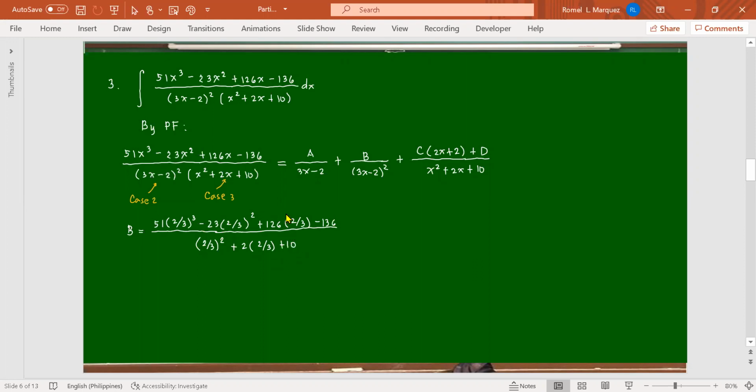Okay, so let's compute for the value. 51 times 4 divided by 9 times 2 divided by 3, minus 23 times 4 divided by 9, plus 126 times 2 divided by 3, minus 136.